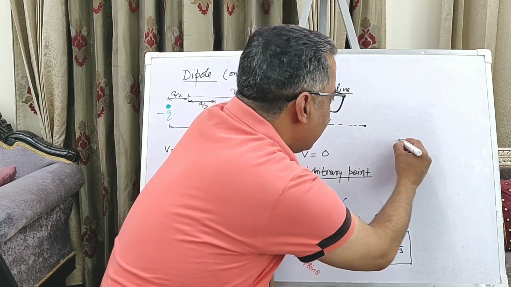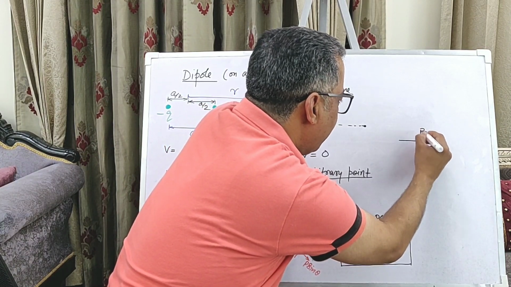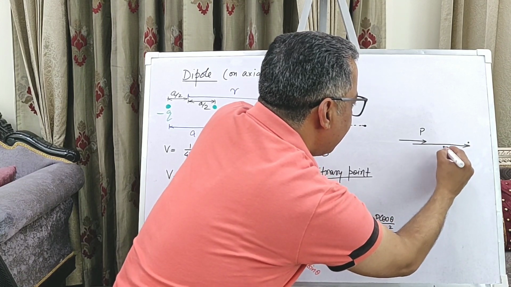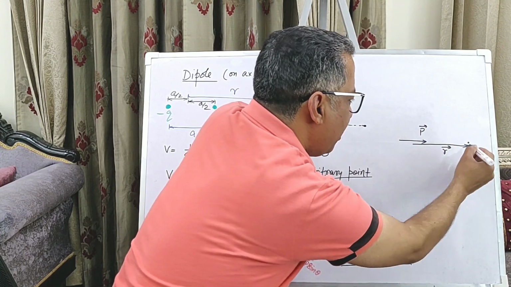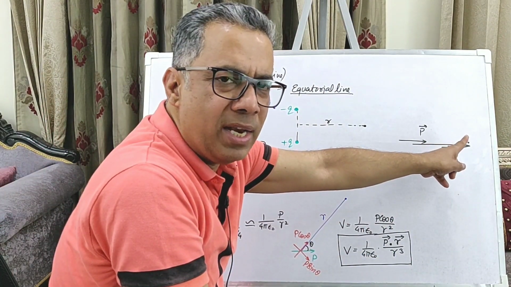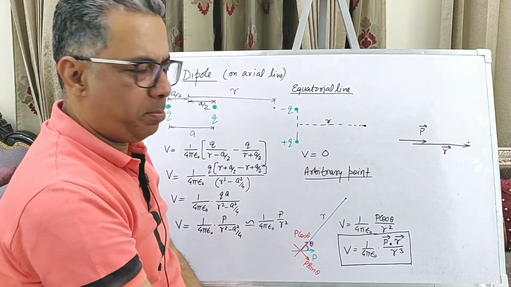If for instance this is the dipole and we are looking for the potential here, this would be R, and now P and R are in the same direction and the angle between them is 0, cos theta being 1, the potential here comes out to be positive.